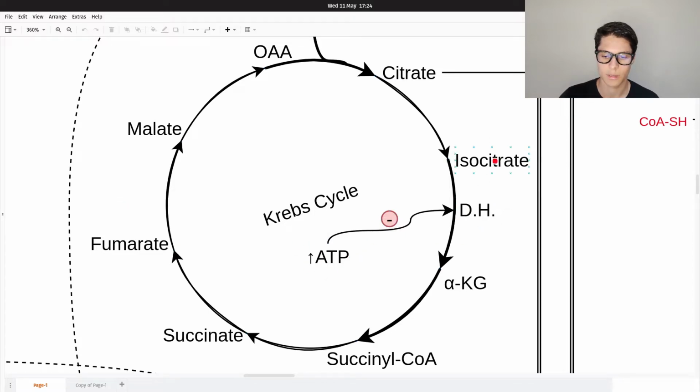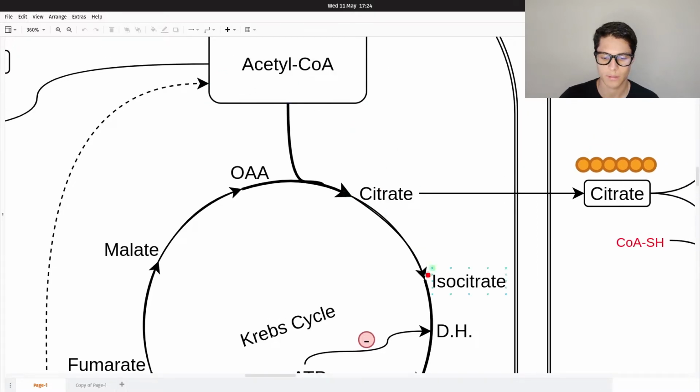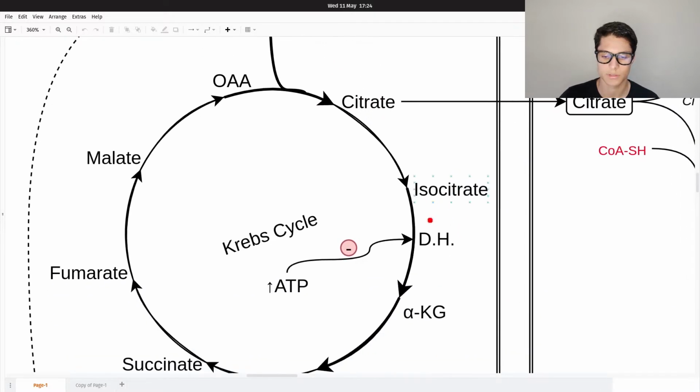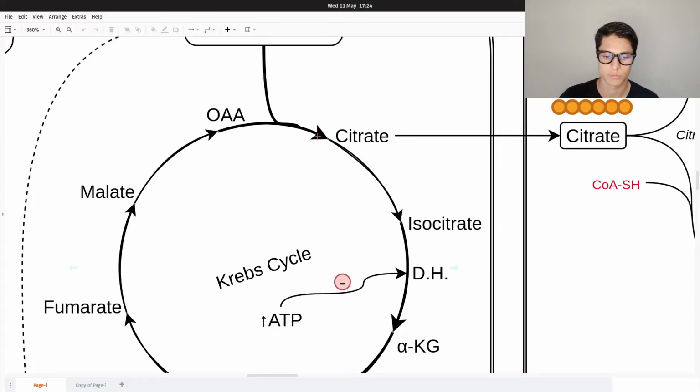So we are stuck here in the cycle. We get acetyl-CoA, citrate, and isocitrate, but isocitrate can no longer be converted into alpha-ketoglutarate when we have high amounts of ATP. So, as this step is reversible, isocitrate is then converted back into citrate.